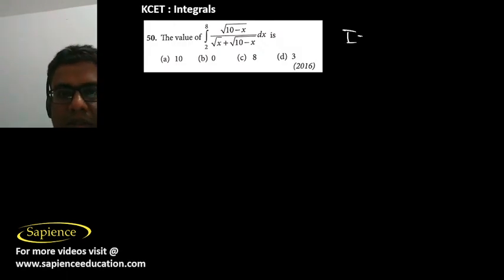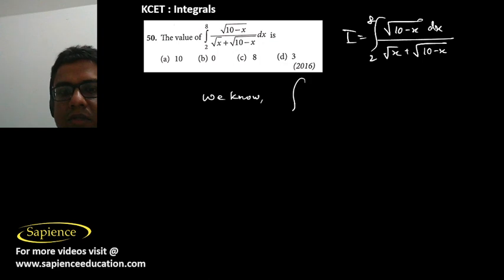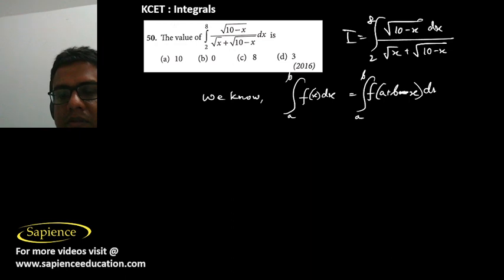Here we have to find the integral from 2 to 8 of root of (10 minus x) dx divided by root x plus root of (10 minus x). So now we know that the integral of f(x) dx from a to b is also equal to the integral from a to b of f(a plus b minus x) dx.